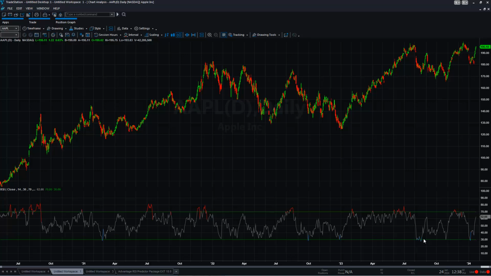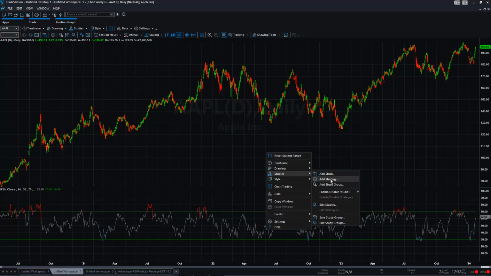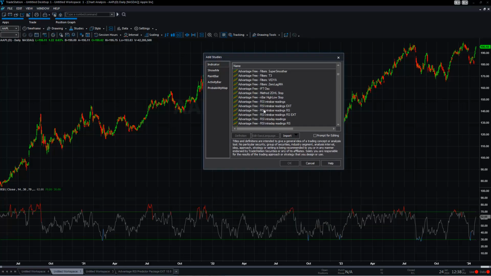But we can reverse the logic to calculate where the price needs to move. So your RSI prints a certain number like 30 or 70 points. This is where RSI Predictor comes into play.